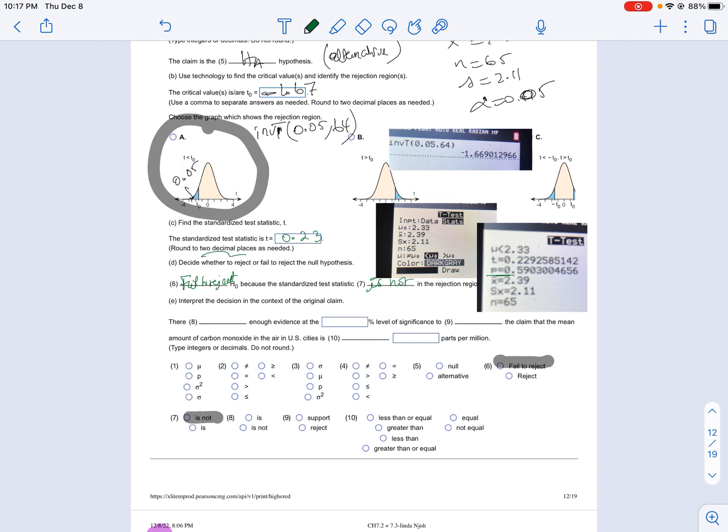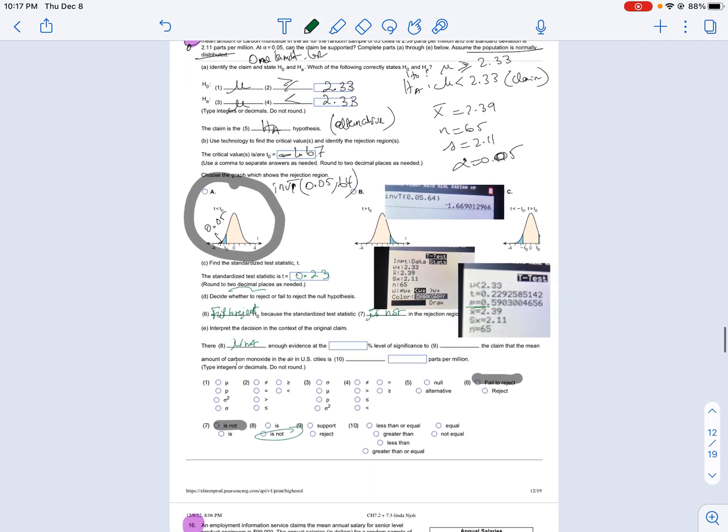There is not enough evidence at the, how many percent?